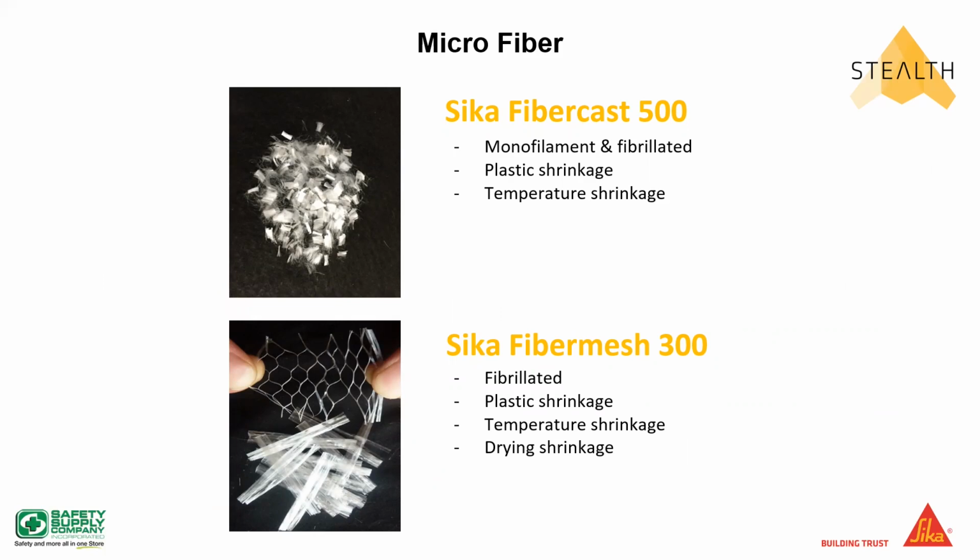And again, it's about surface area. The more surface area you have, the more the paste has to bond with, so it tends to hold things just a little bit tighter. I just wanted to share these two, especially that photo there on the bottom, with you regarding the Fibermesh 300.